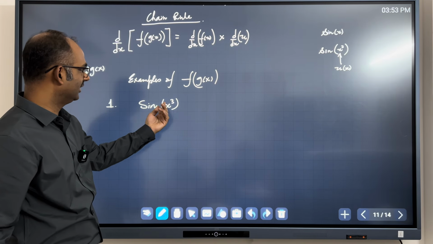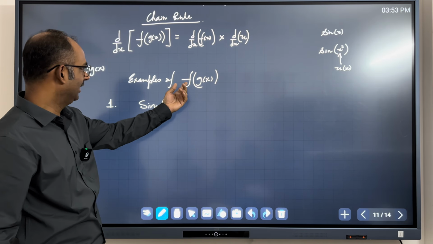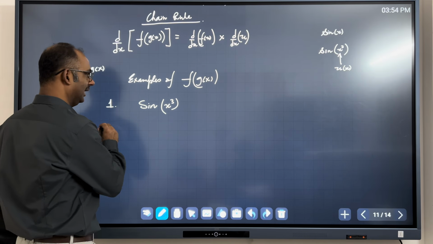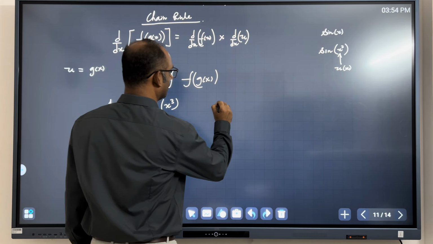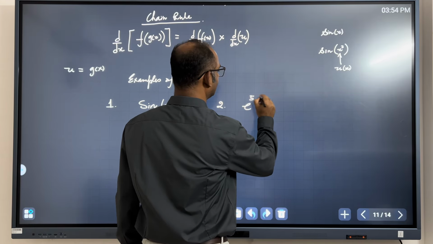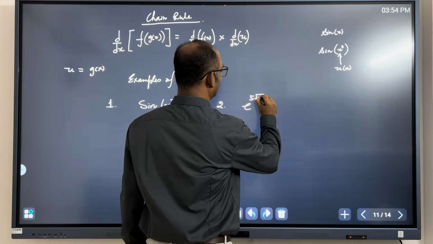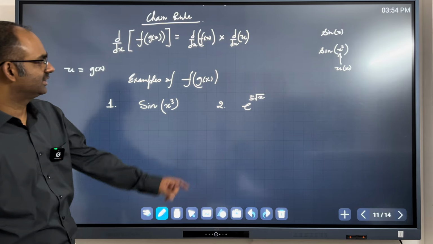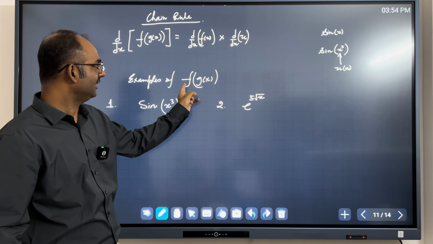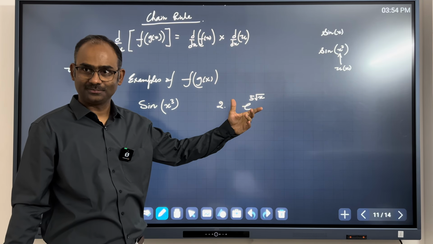In this case, that function of x is x cube, and f is sine. So sine of x cube. You could have, let's say, e to the 5 root x. So in that case, what's g? g is 5 root x. And what is f? f is the exponential.